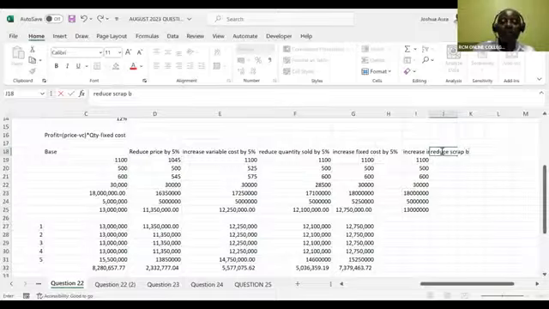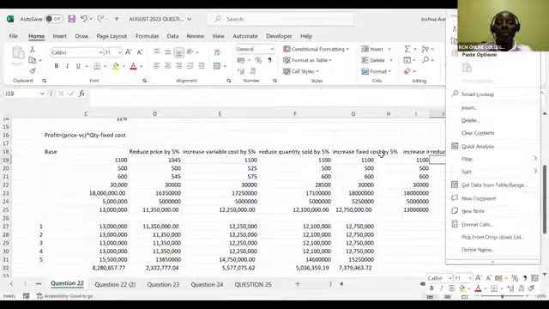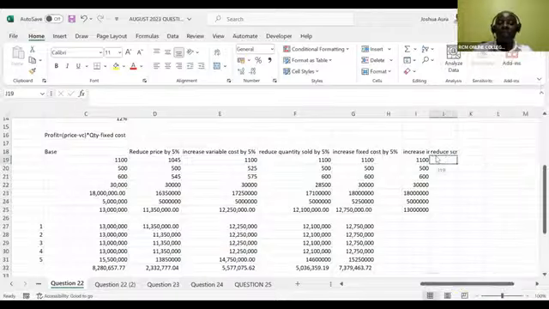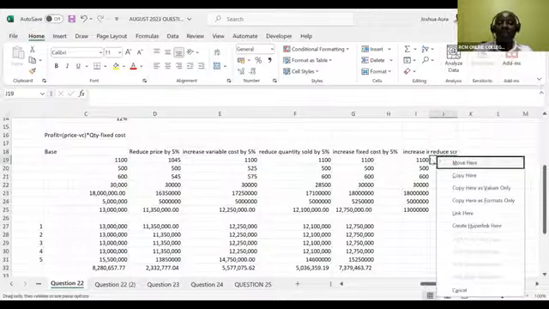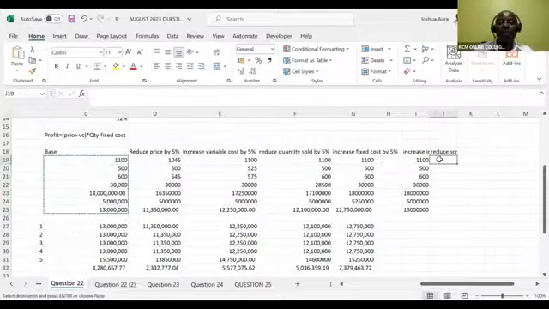Reduce scrap by 5%. Great. I'll get back here to the base, Control C. We come back to this.